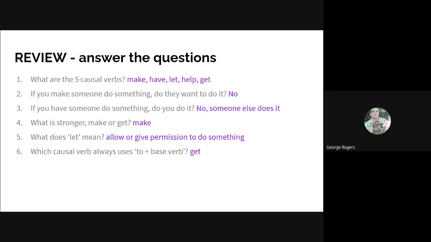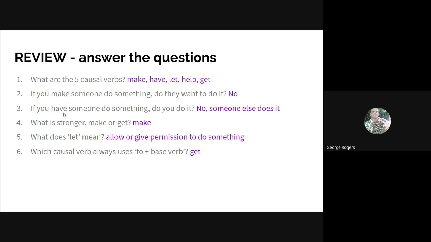Like a teacher may make students read a book, they're going to take a quiz on it or something, but maybe some of the students really like the story and enjoy it very much. But most of the time, that's where the word make comes from: you force somebody to do something, so they typically don't want to.